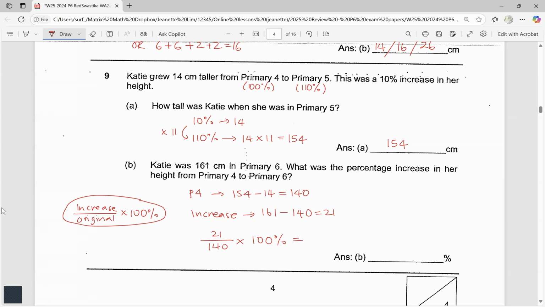Okay, so to simplify, divide top and bottom by 7. So this is a 3, this is a 20. Then I'll further simplify 20 and 100. Both divide by 20. So this is 1, this is 5. So the answer is 15%.